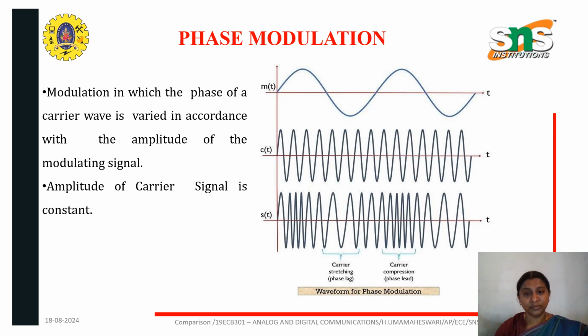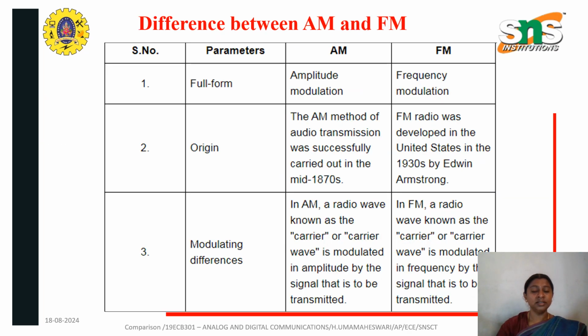During the decrease of the signal, carrier stretching takes place, but during the increase of the signal, carrier compression takes place, that is, a phase lag and a phase lead take place in the phase modulation. These are the various differences between amplitude modulation, frequency modulation, and phase modulation.